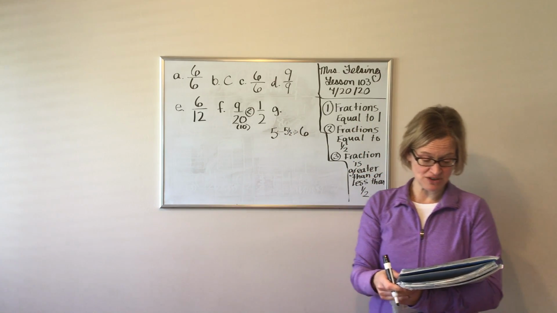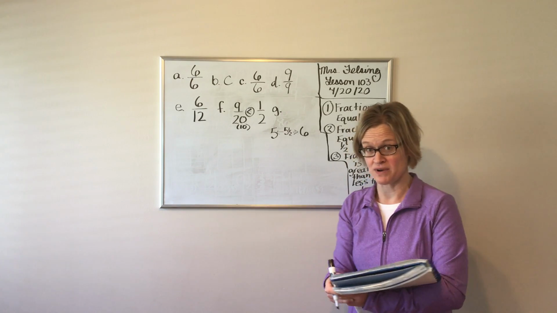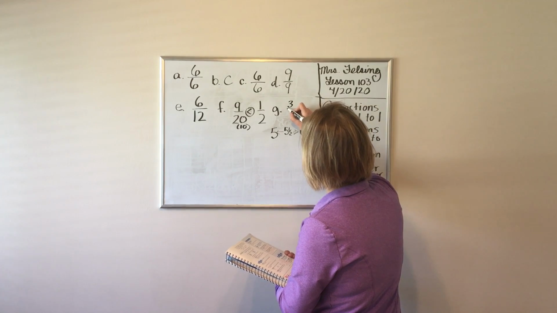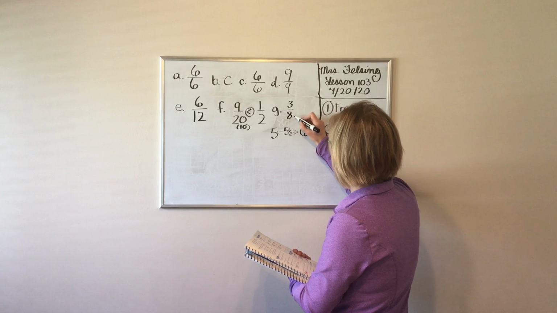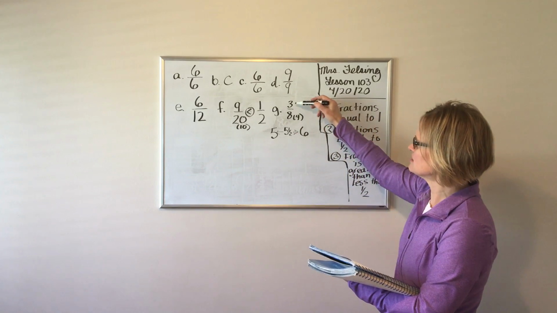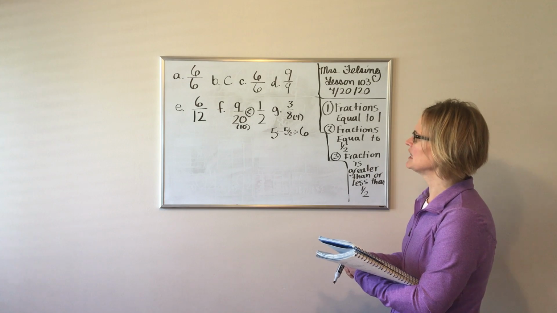But we have to determine, is 3/8 less than 1/2 or greater than 1/2? So let's do that right now. So I'm going to look at 3/8, and we determine half of the denominator 8 is 4. Then we say, is 3 greater than 4 or less than 4?